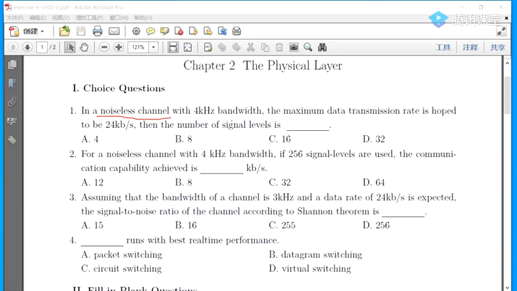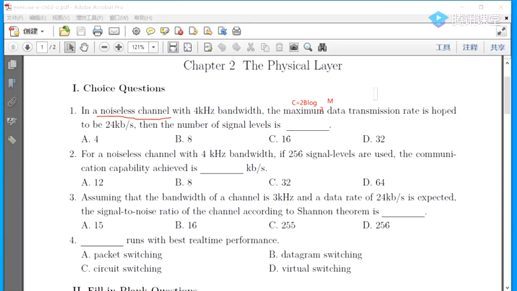For a noiseless channel, we should use the Nyquist theorem. The theorem tells that the channel capacity is 2 times B times log 2 M, where M is the number of signal levels.